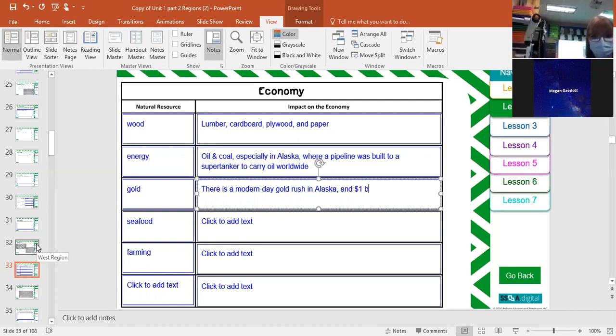Billion dollars worth was mined in 2015. In, no, it's not. In what other state? Nevada. 6 what? Billion was mined. I'm just going to put recently. Okay.